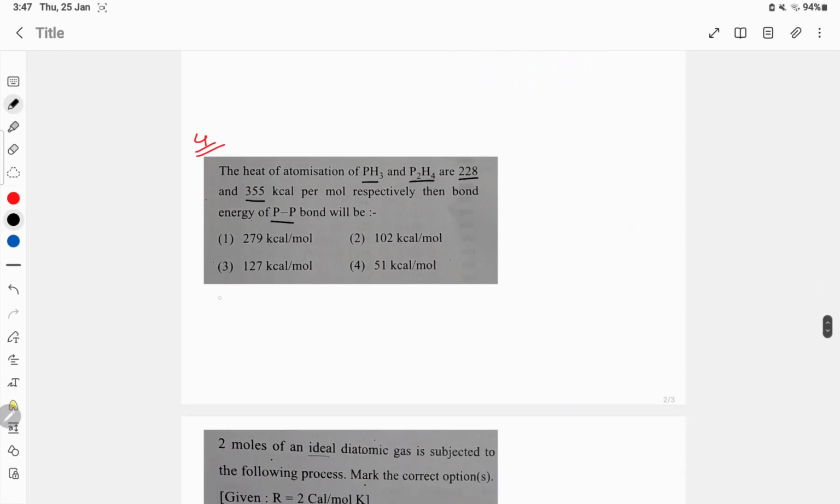Let's try this. The heat of atomization of PH3 is 228 and the heat of atomization of P2H4 is 355. So we have to find the bond energy.